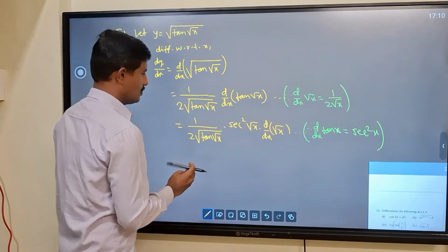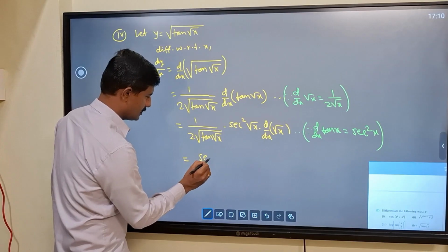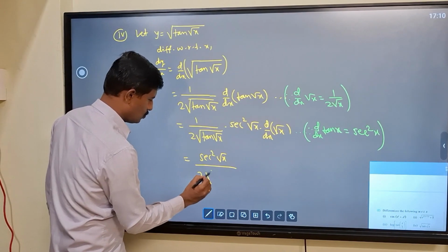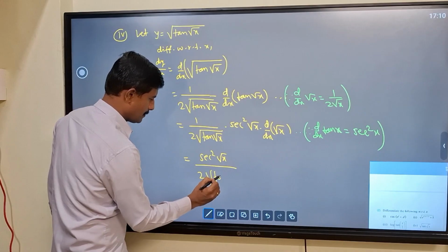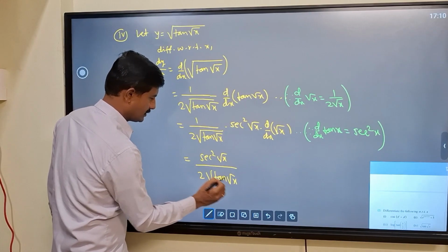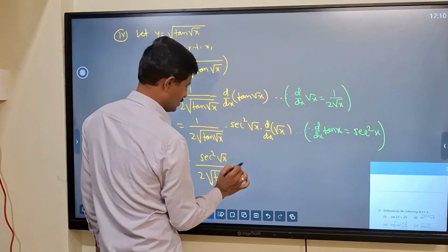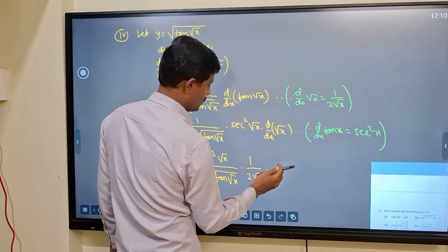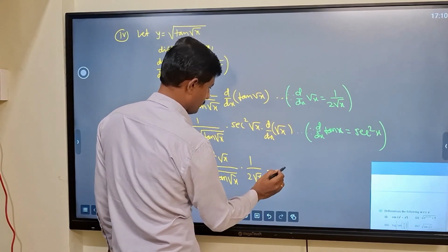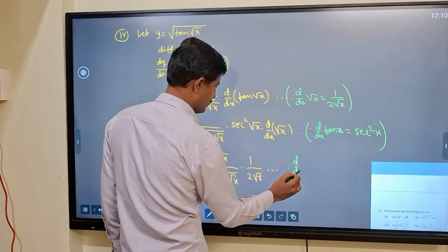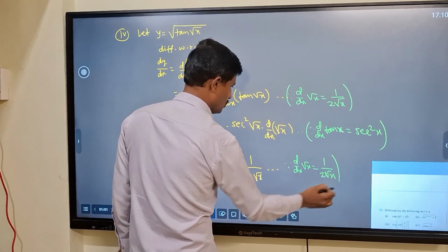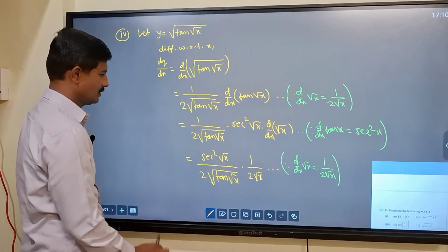Now next, sec square root x upon 2 root tan root x. Differentiation of root x is 1 upon 2 root x. Again we used that formula, d/dx of root x is equal to 1 upon 2 root x.